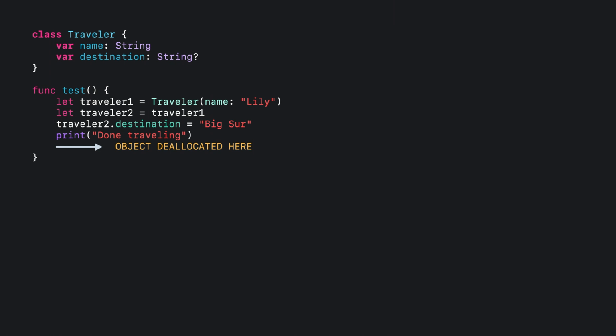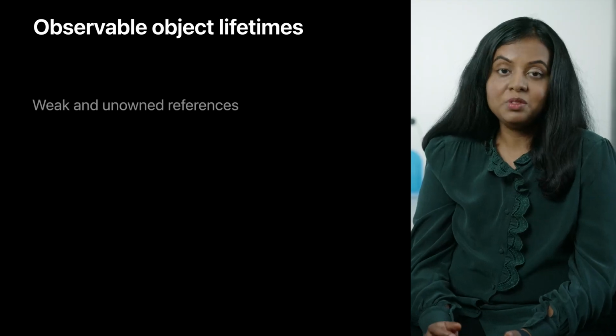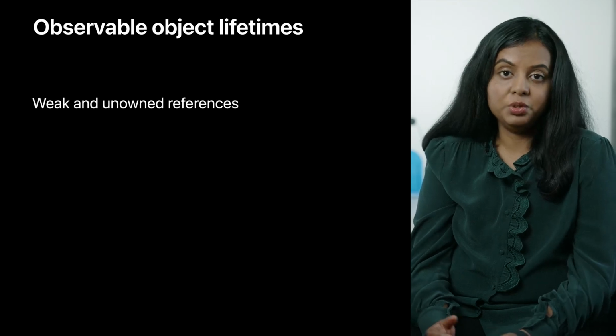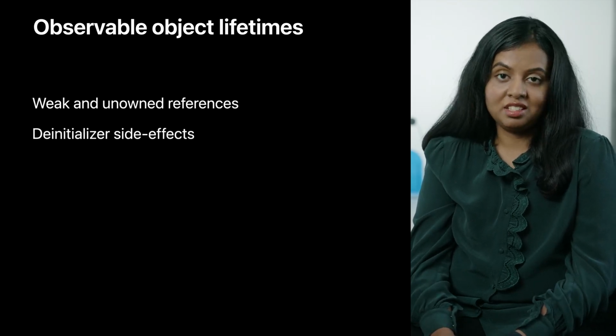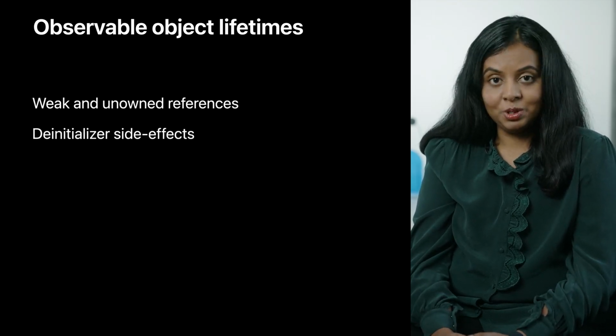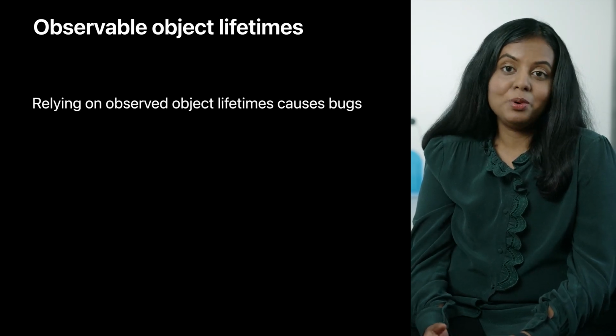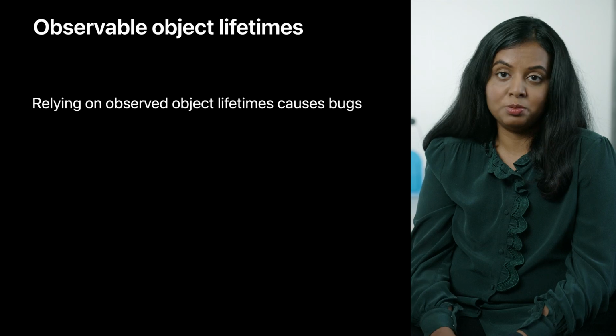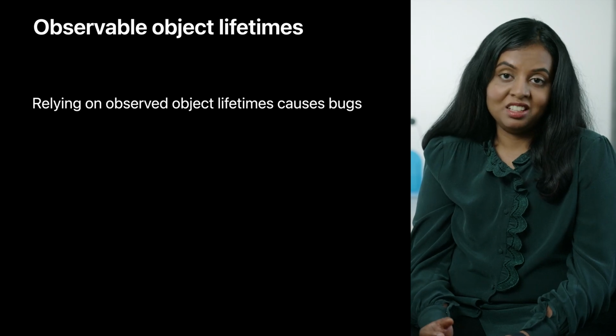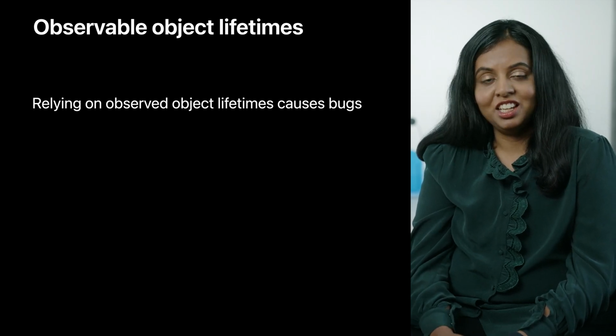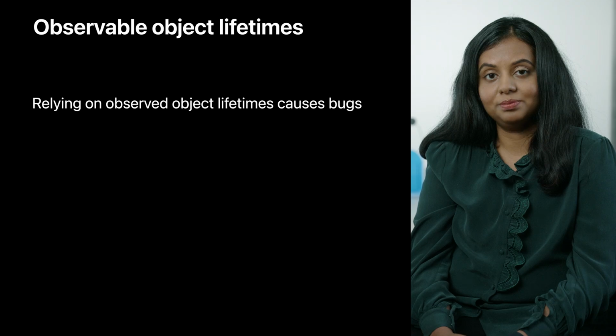In most cases, it doesn't really matter what the exact lifetime of an object is. However, with language features like weak and unowned references and deinitializer side effects, it is possible to observe object lifetimes. And if you have programs that rely on observed object lifetimes instead of guaranteed object lifetimes, you can end up with problems in the future.